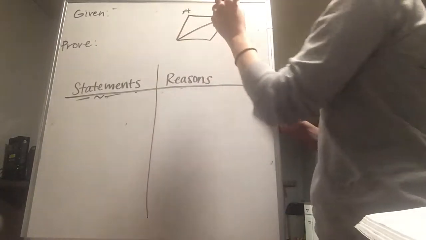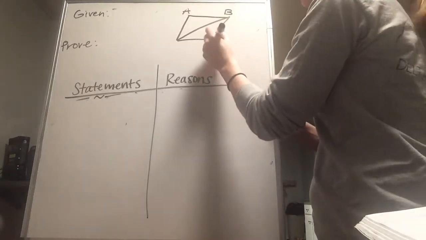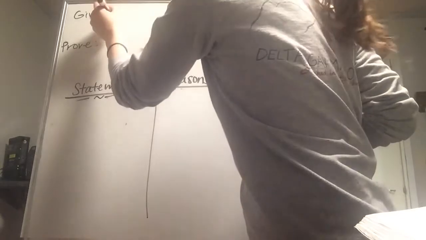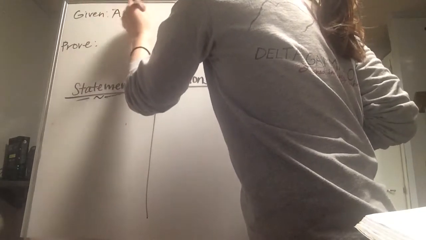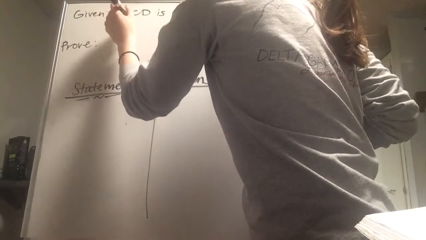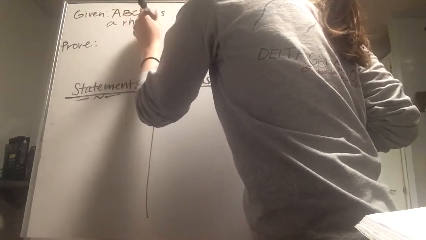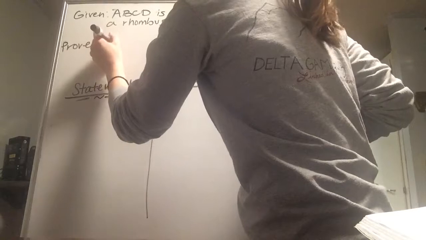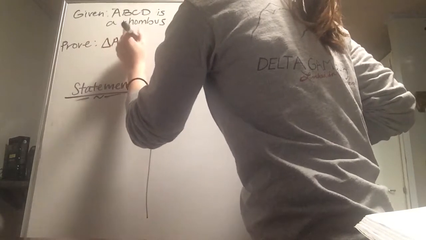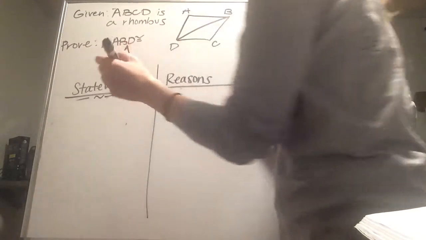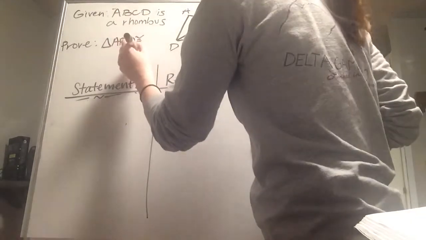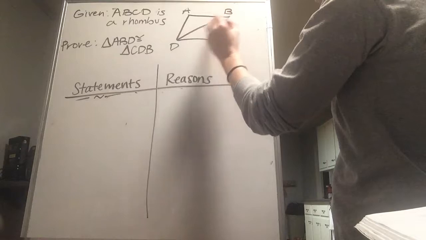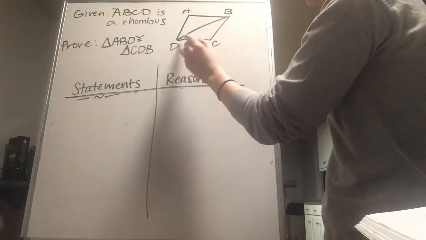So we have AB, and then C and D. We are given that this figure, ABCD, is a rhombus, and we're told to prove that triangle ABD is congruent to triangle CDB.